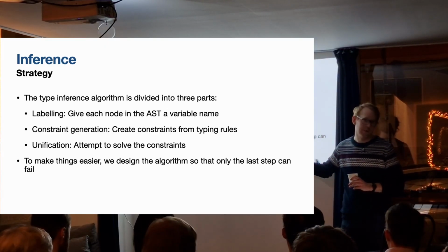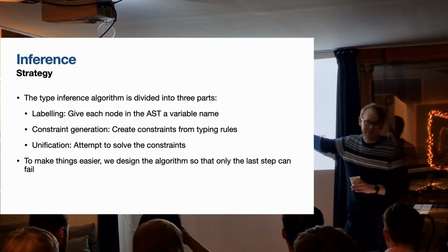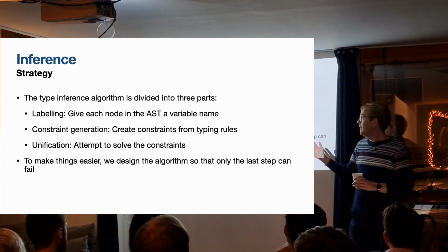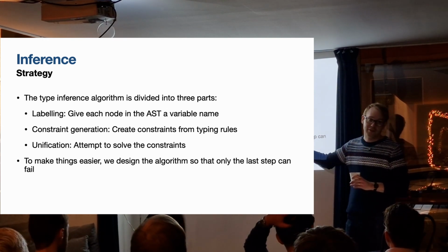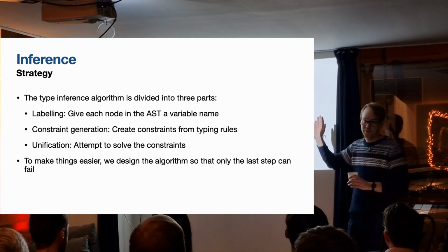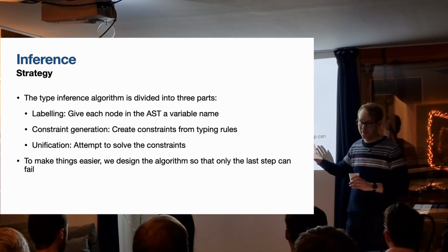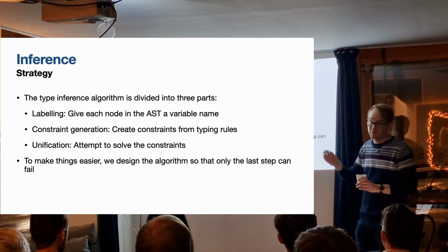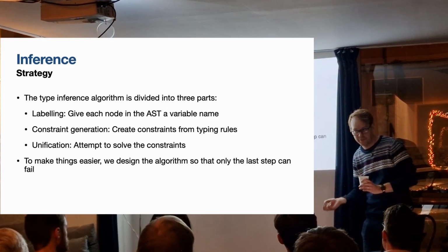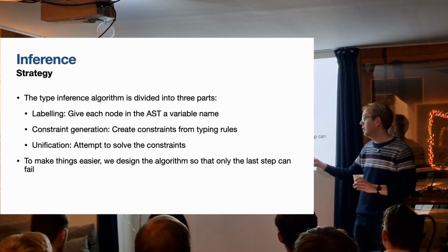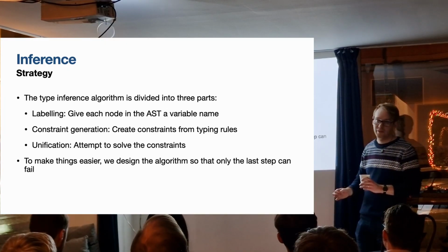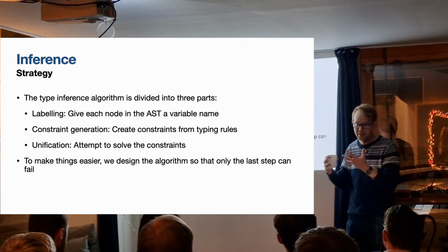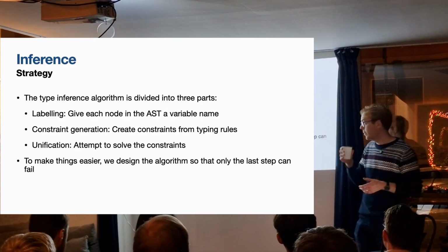I don't know what this step is called, but I called it labeling. So first we will label each node in the abstract syntax tree, so we can assign variable names to them, just like I did in the examples. And then we will walk through the typing rules of the type system to generate constraints. And then finally, we will have a unification step, which checks that we can actually solve this constraint system.